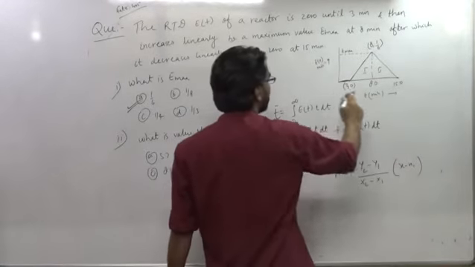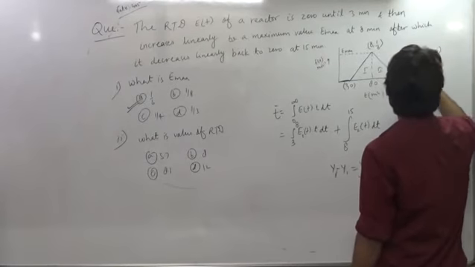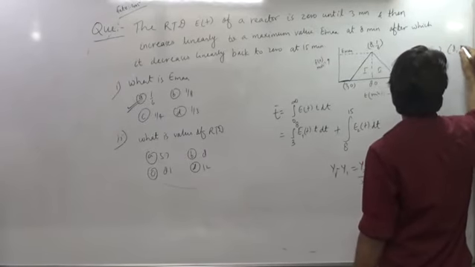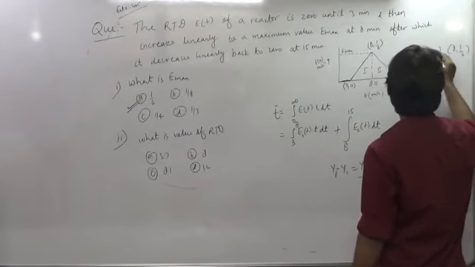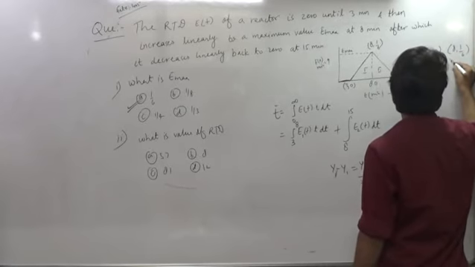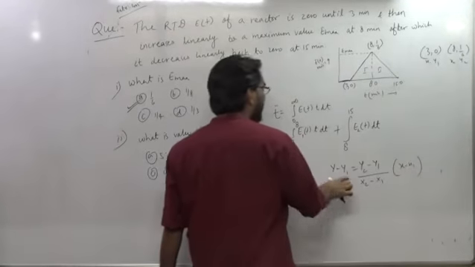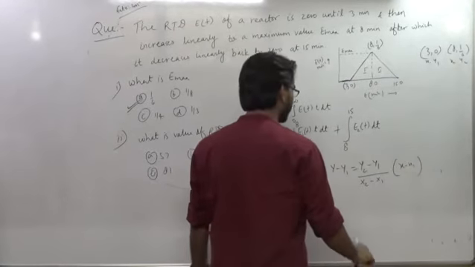Here we have 2 points, 3 comma 0 and 8 comma 1/6. So 3 comma 0 can be written as x1, y1, and we can write the other as x2, y2. Now y minus y1 means we can write E.